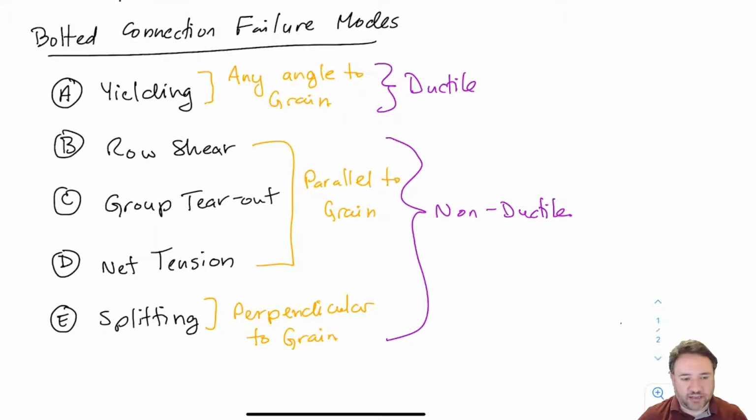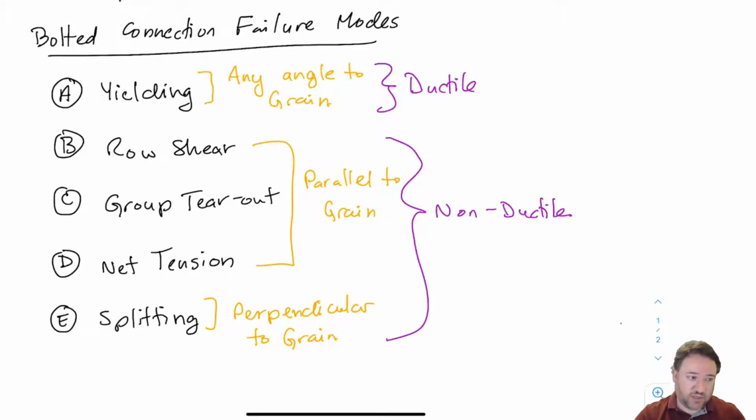They're non-ductile. There's no displacement associated with those after you reach the failure point. So once you reach that failure strength, basically your connection breaks immediately. So that means they're not very desirable failure modes.